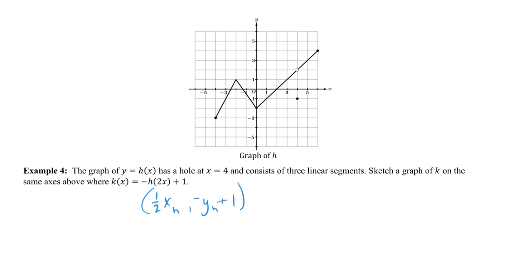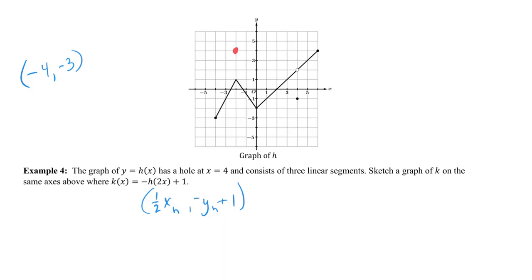So these are the transformations that I want to make to these points again, all right? What points do we want to use? Let's just go left to right, okay? So my very first point is negative 4 comma negative 3, right? So if I did my transformations to that, cut x in half, so I'm at negative 2, make the y negative and add 1, it's negative 2 comma 4, so right up there, right?